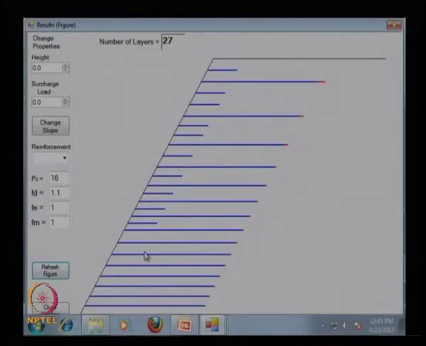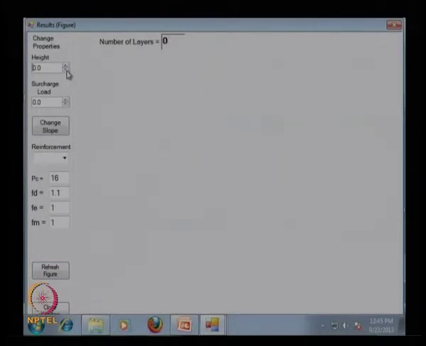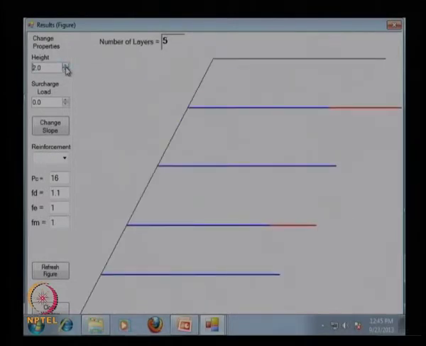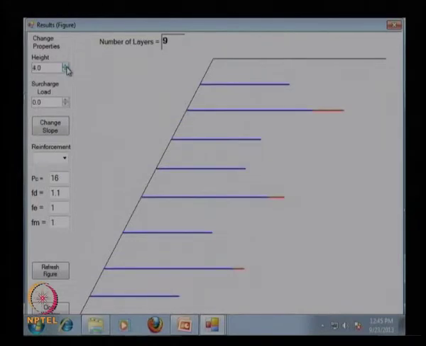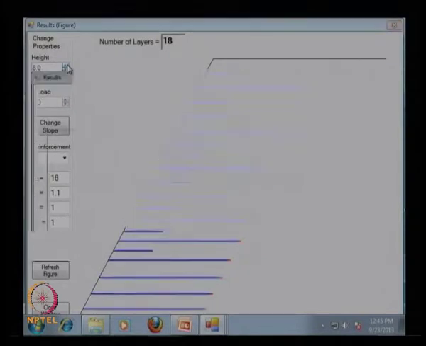So you can use this design chart. You can also place it at any height, you can make it any height, and you can see how the design chart is changing.